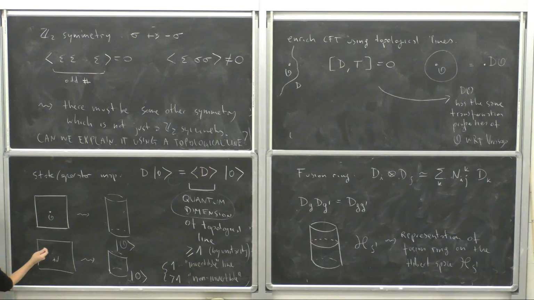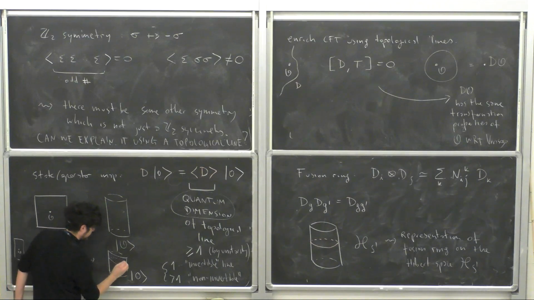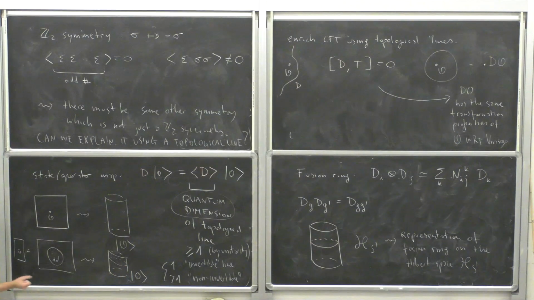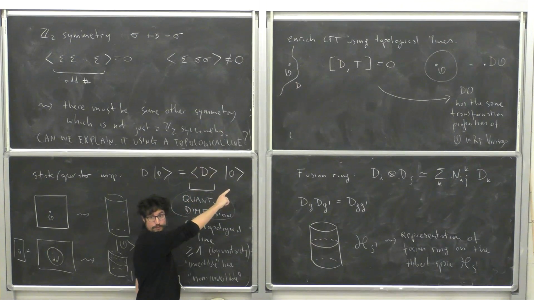So in particular, we can bubble it out from nothing, and we have an identity. So this is equal to this. And this is equivalent to inserting it here. But then we can shrink it back to nothing and we must end up with something that is proportional to the vacuum.